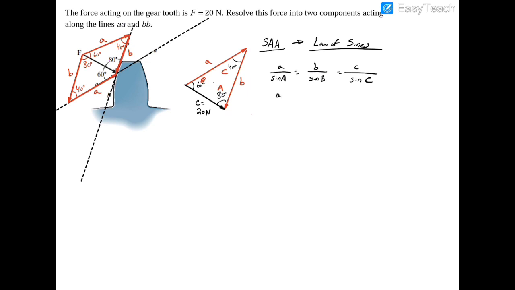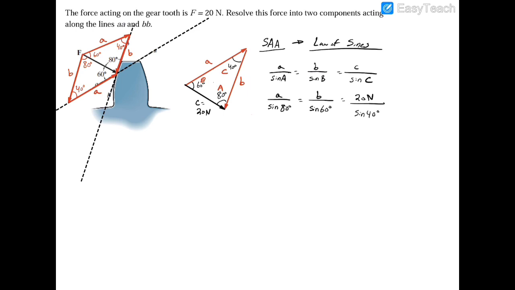So we're going to have side A divided by the sine of angle A, which we said is 80 degrees, and that's equal to side B, also another unknown, divided by the sine of 60 degrees, and that's equal to C, which is 20 newtons, divided by the sine of C, which is 40 degrees.